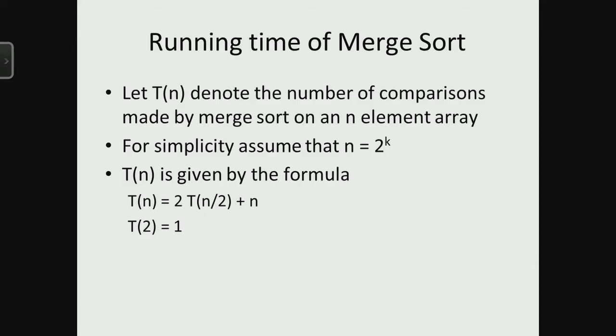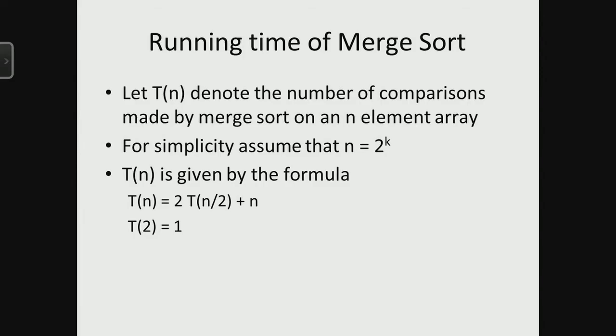For the sake of simplicity, just for the argument, let us assume that n is a power of 2 for some value k, that is n is equal to 2 to the power k. Now, T of n is given by the formula T of n is 2 times T of n by 2 plus n, and T of 2 is just equal to 1.